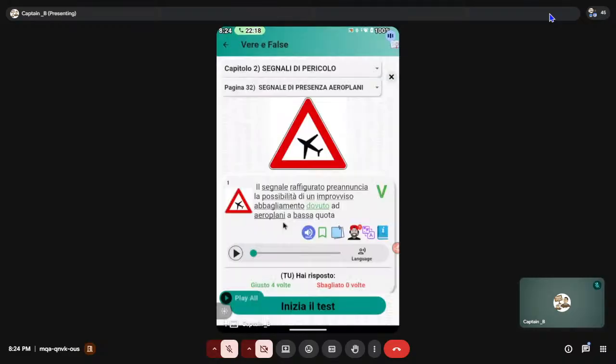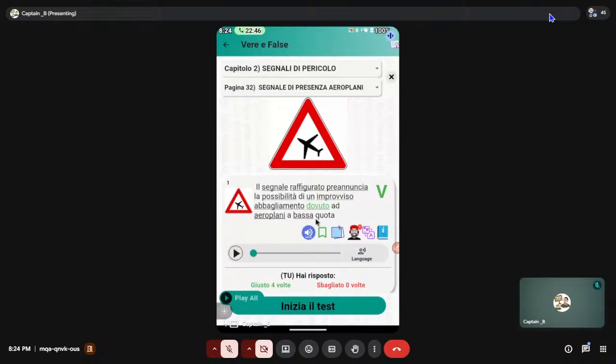What he's talking about is the plane coming down. Now the reason is abbagliamento. You see when you see a flight up, it will be like a little bit down. Dovuto here means due. Aeroplani a bassa quota. Due to the aeroplane coming down at low altitude.